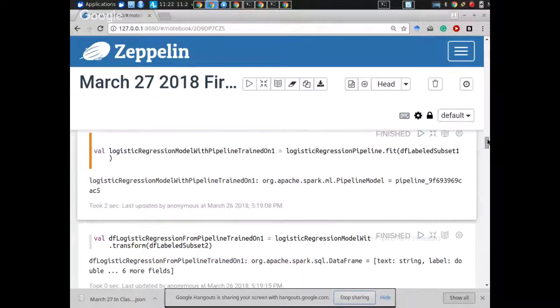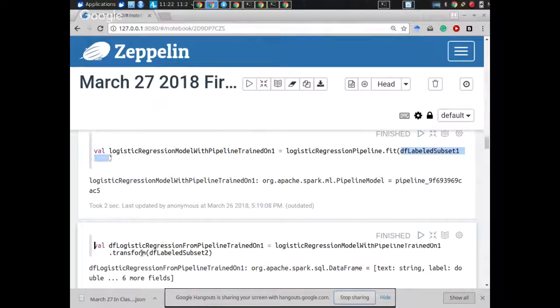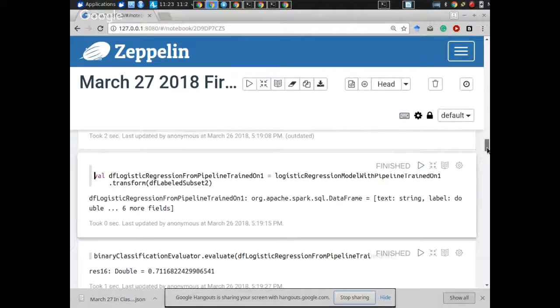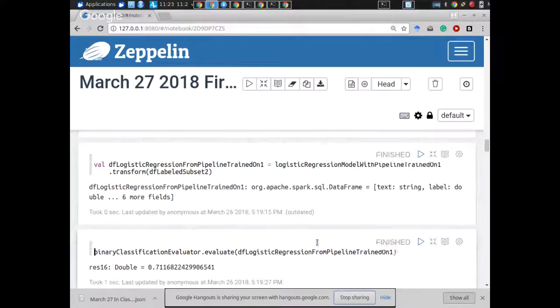So we further did some things with different subsets of the data. We had divided the data into subsets, and we fit it to a first subset, and we transformed a second subset, and we could then evaluate it as it's applied to that second subset.